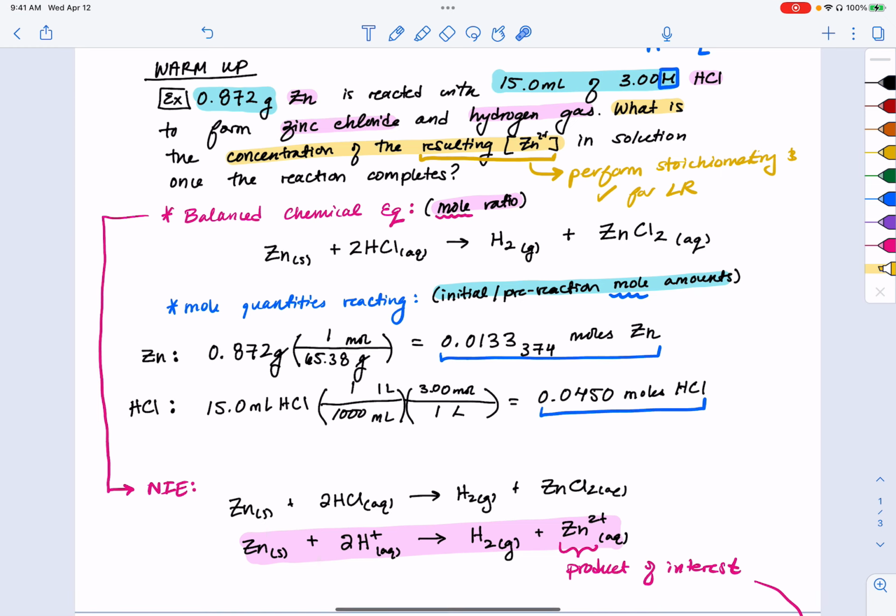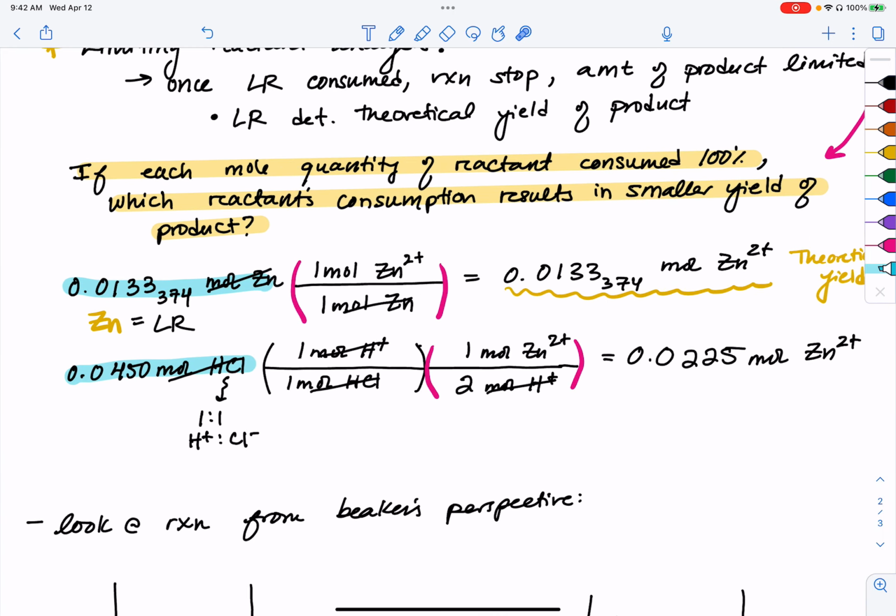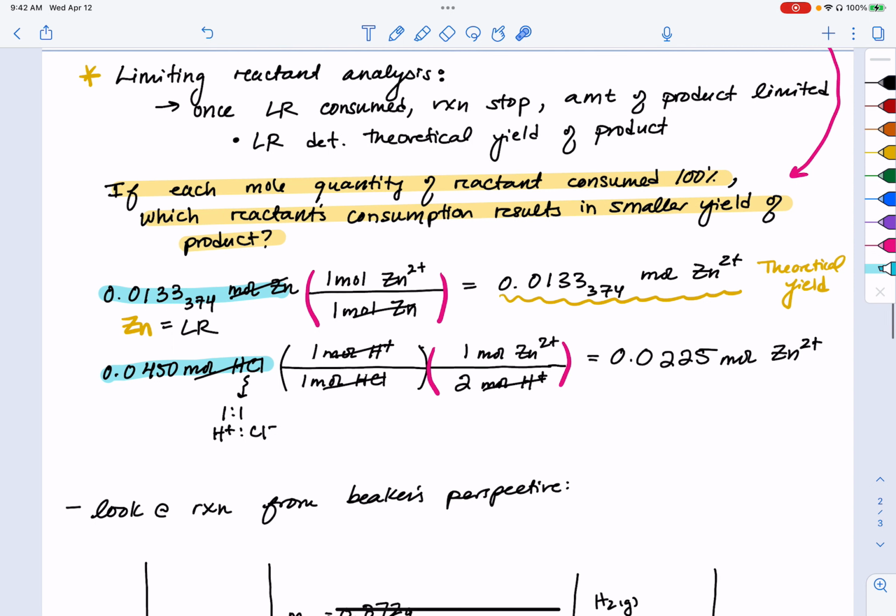And then you're going to use those reaction amounts and what you know about their mole ratios to give you an idea of what your theoretical yield or actual amount of product is that is made based on what your limiting reactant is. And then from there, once you have moles, you could do things like put that in grams, put it into molarity, and so on. So a lot going on in stoichiometry, but as long as you follow that process of getting your balanced chemical equation, your mole quantities, and then doing a limiting reactant analysis, you should be fine.